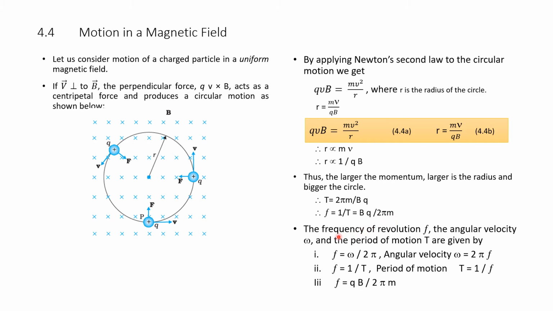The frequency of revolution can also be expressed in terms of angular velocity omega and period of motion T in any of the following forms. f is equal to omega over 2 pi, that is, angular velocity omega is equal to 2 pi f. f is also given by 1 over T, where T is the period of motion and it is equal to 1 over f, the reciprocal of the frequency of revolution. f can also be expressed as f is equal to qB divided by 2 pi m.